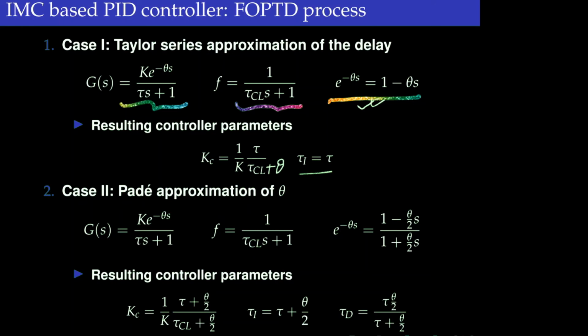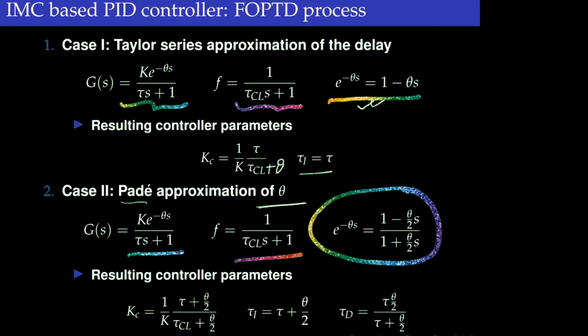However, the Taylor series is not the only way to approximate the delay term. If you use a PID approximation for the delay term, we end up getting a different model structure. In the PID approximation, the delay term is approximated by this, and if we have a process model like this and then define the filter to be this, we get a PID controller with these controller parameters.